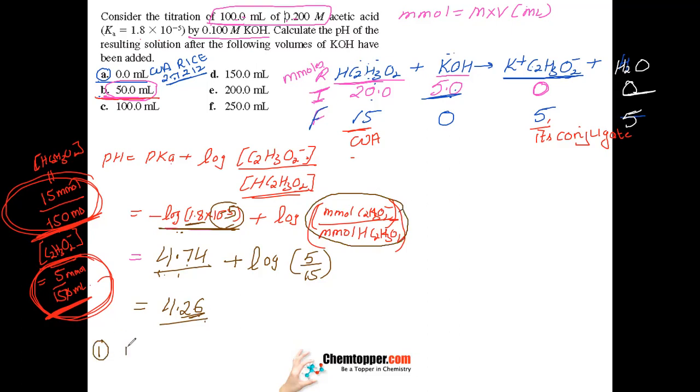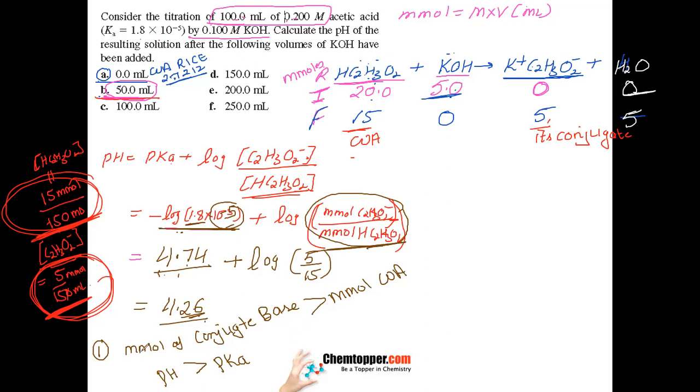When the millimoles of conjugate base, meaning the salt, like here, are more than the millimoles of the weak acid, then the pH of the buffer is always greater than pKa. Because in that case, the ratio is more than 1. This answer will be positive and pH will be more than pKa.